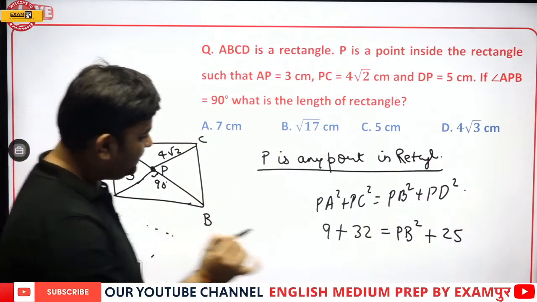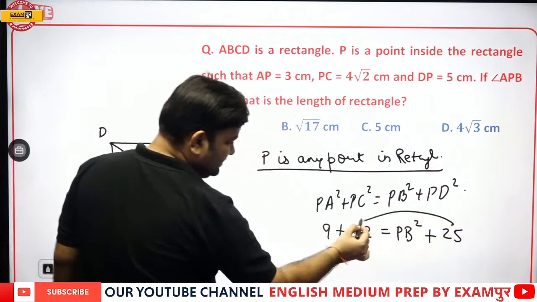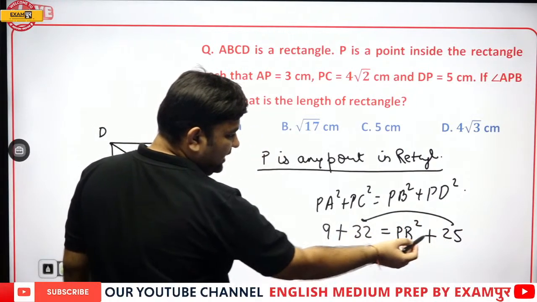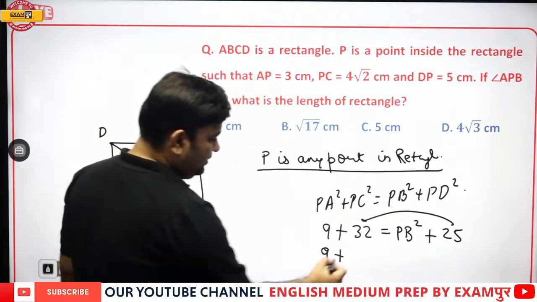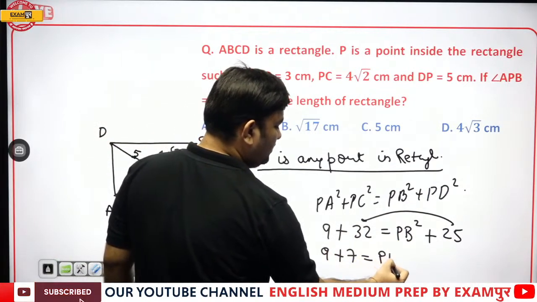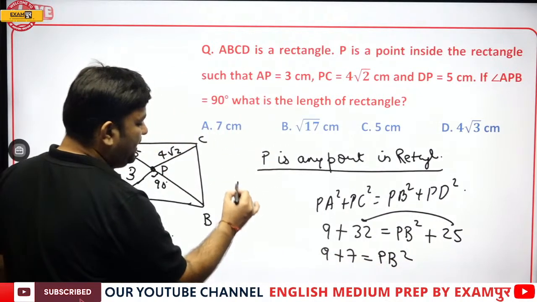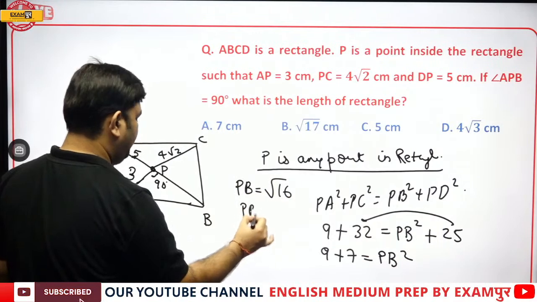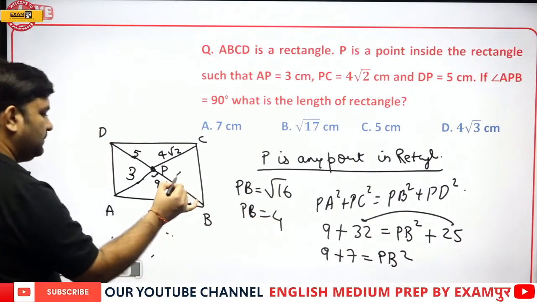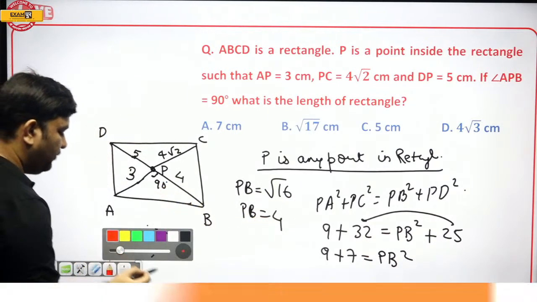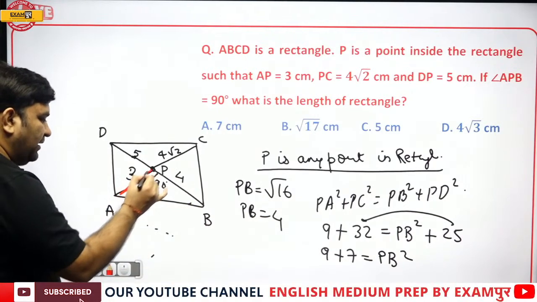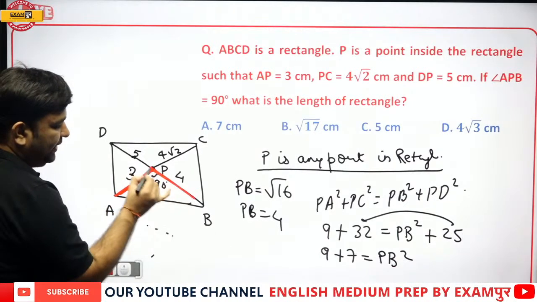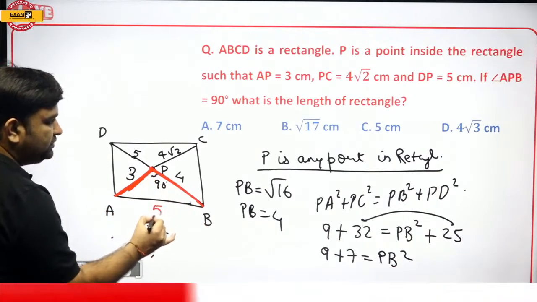Cool? If you take it this side, then it's 9 plus how much? 7. So PB is root 16, or PB is 4. In a right angle triangle, if base is 3 and perpendicular is 4, then the hypotenuse is 5.